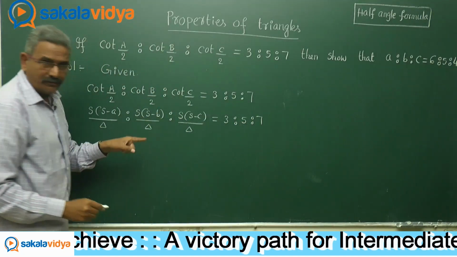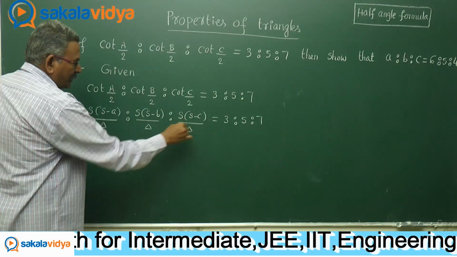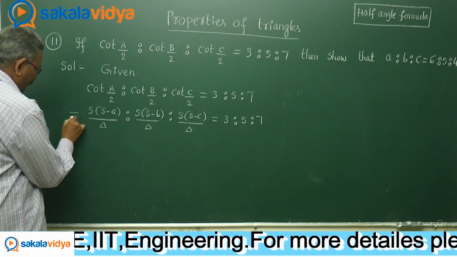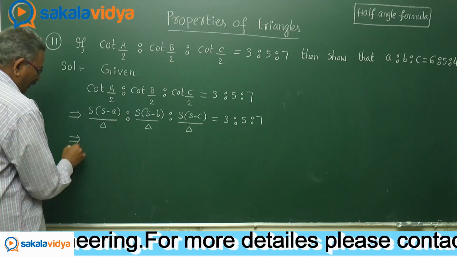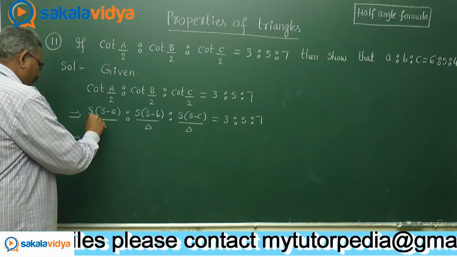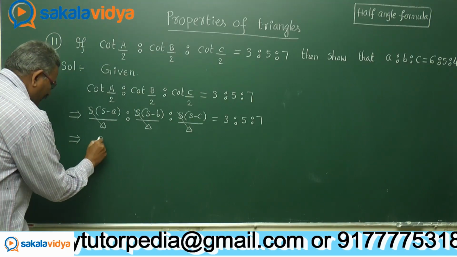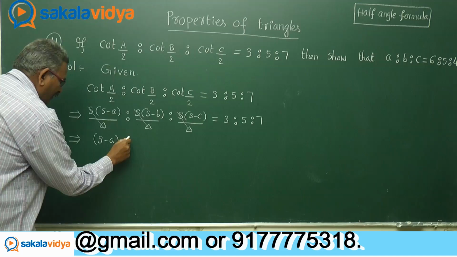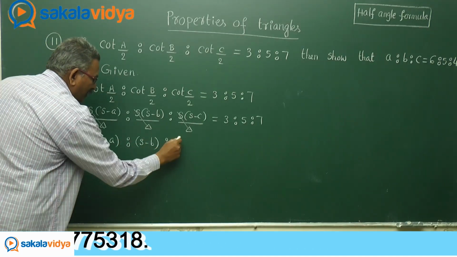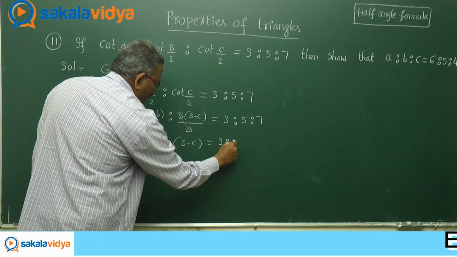Because it's a ratio among these three, s by delta, s by delta, s by delta gets cancelled. So we get s minus a is to s minus b is to s minus c equals 3 is to 5 is to 7.